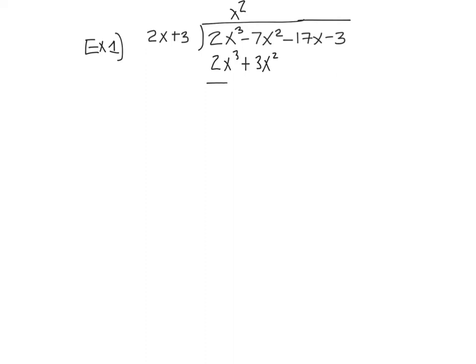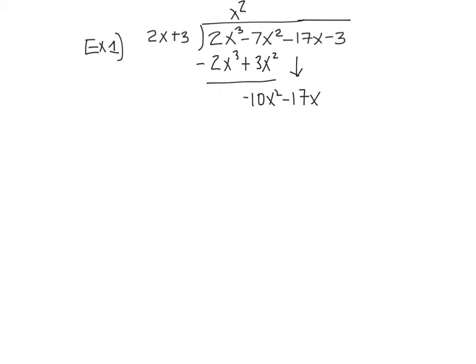Okay, I just multiplied everything by x squared. So then I subtract, just as I did on the previous problem. So this becomes 0. So 7 minus 3x. So I get negative 10x squared. And then I'm going to bring the negative 17x down. And then I'm just going to focus on the first term.